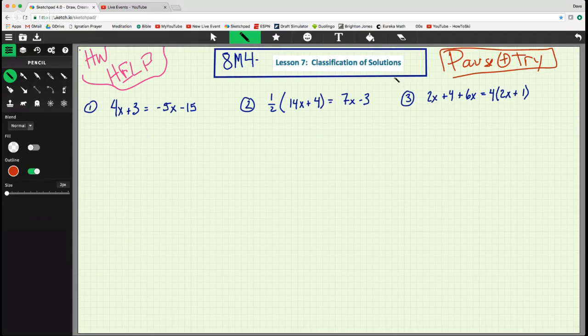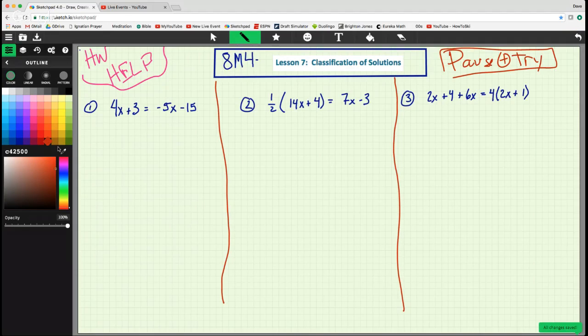But this is good for practice. Continue to practice solving linear equations. So pause and try, and we'll come back and solve. And then after this, we're going to learn one last new thing that's going to help you out on your homework as well. Okay, I assume you've paused and tried all 3 of these.